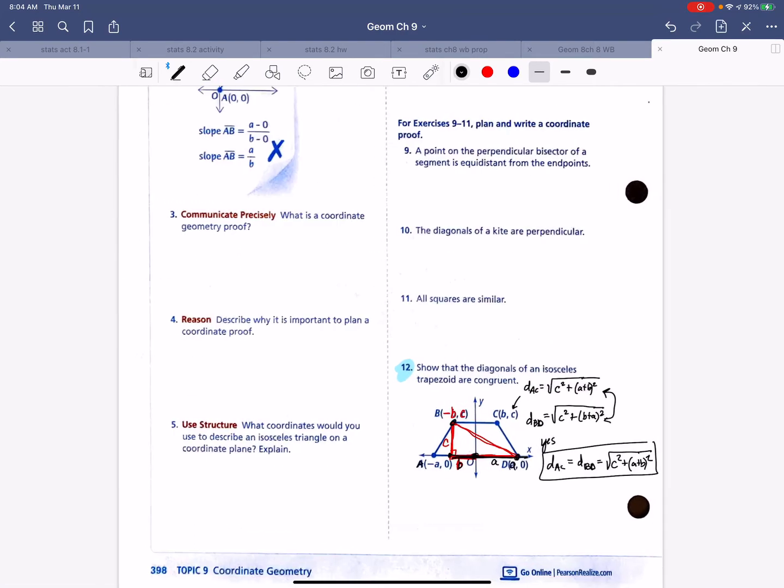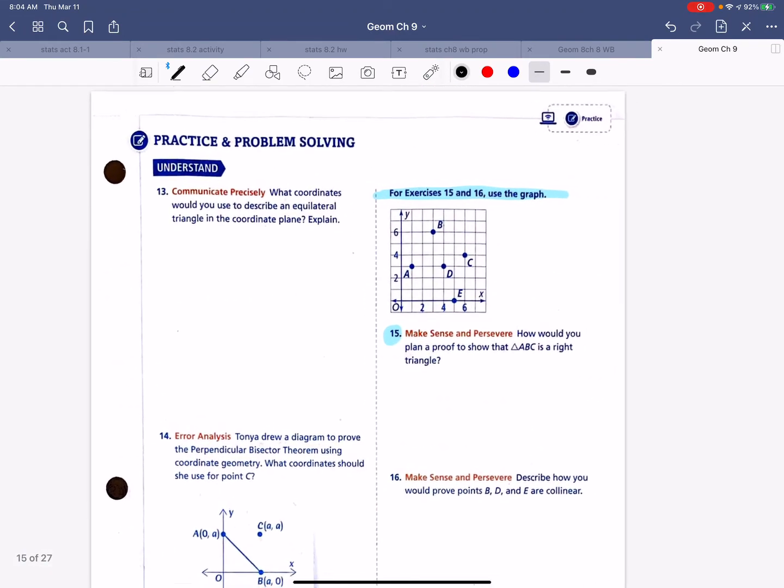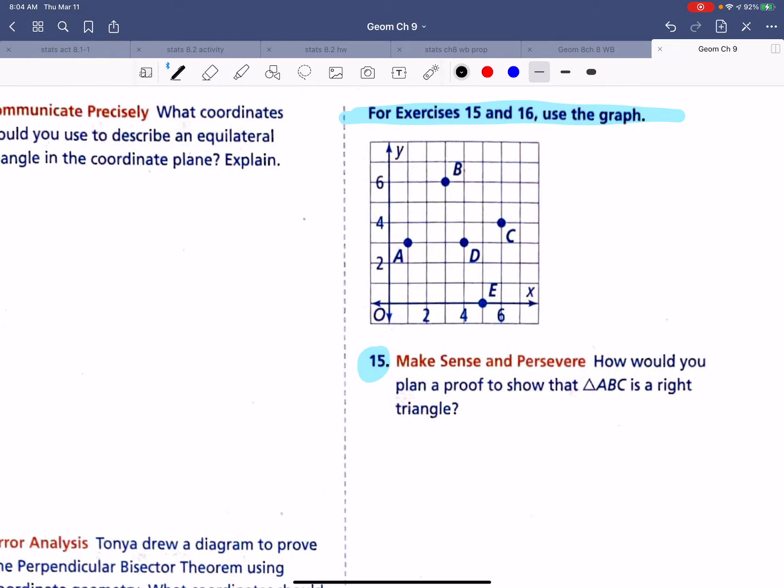Cool. All right, our next question says, number 15, we can use this graph. How would you plan a proof to show that ABC is a right triangle? So A, B, C, this is a lot like our first example.